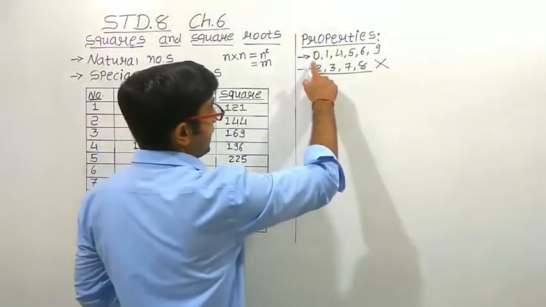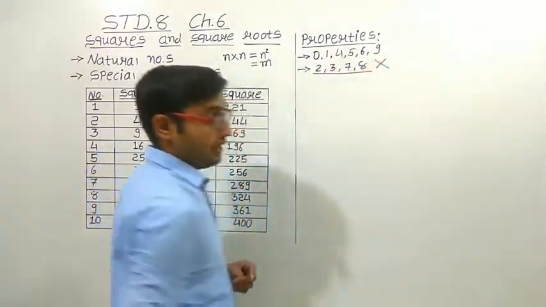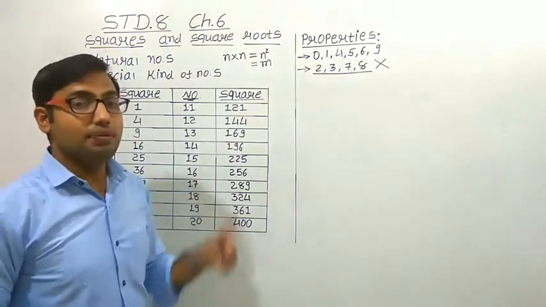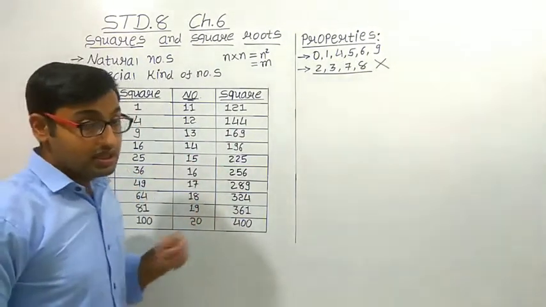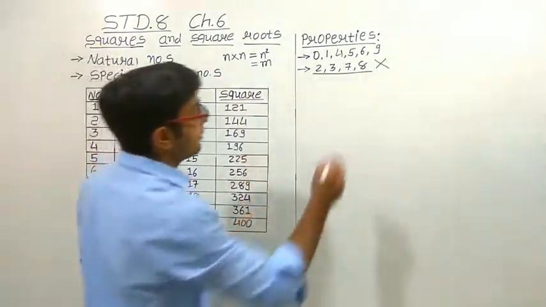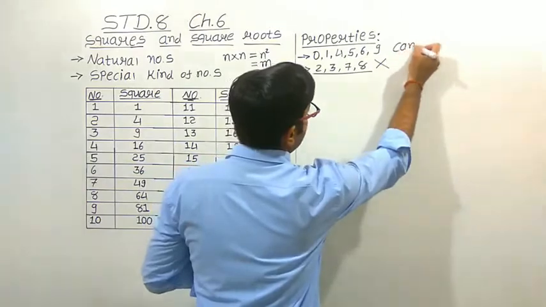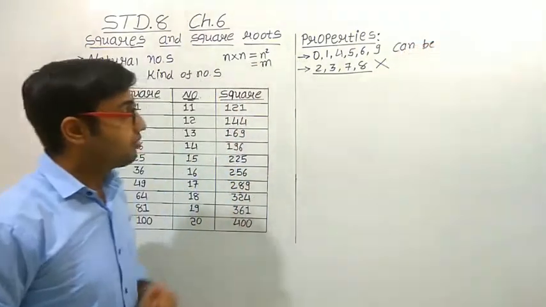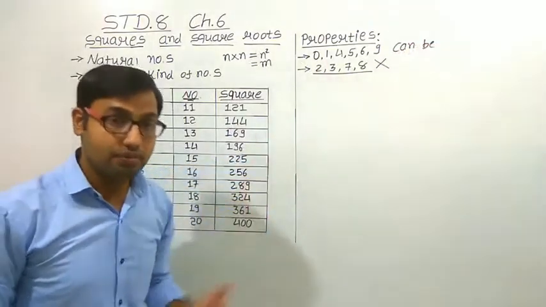If there is 0, 1, 4, 5, 6, 9 at the unit place, then it can be the perfect square of some number. See, I am not saying it must be the perfect square. It can be. I am not saying it must be a perfect square number.